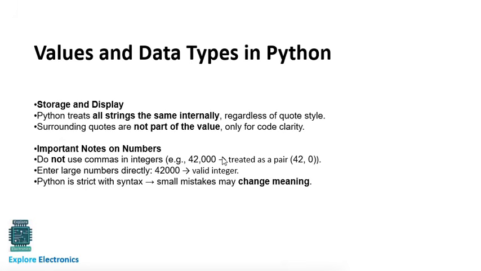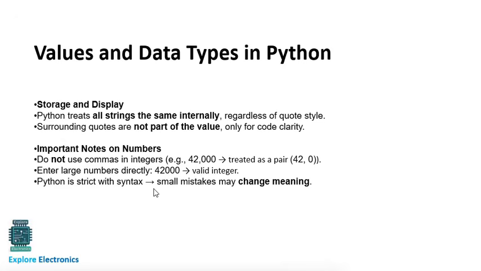Whenever you write 42,000, don't use the comma in between. When you use the comma, it will treat it as a separator and split 42 and the zeros. That's why don't use the comma. Instead, write 42000 directly. It is a valid integer.